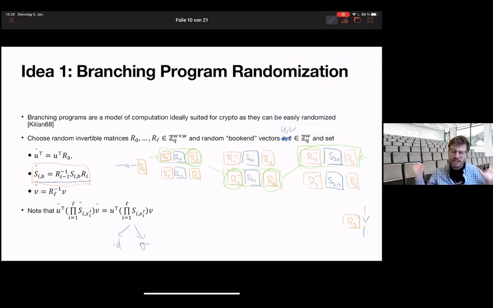And now, for random u and v, the inner product of u and v, u transpose v, and u transpose sigma v will be different, and that's all we need in order to ensure correctness, right?